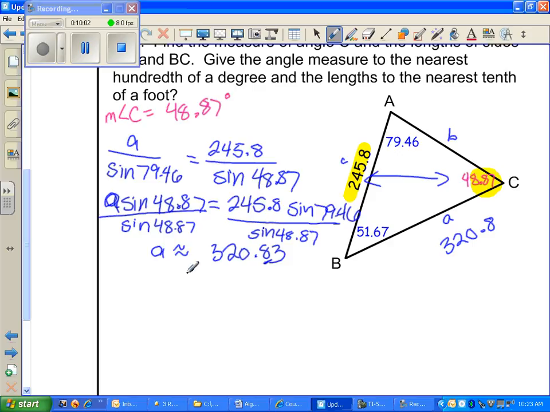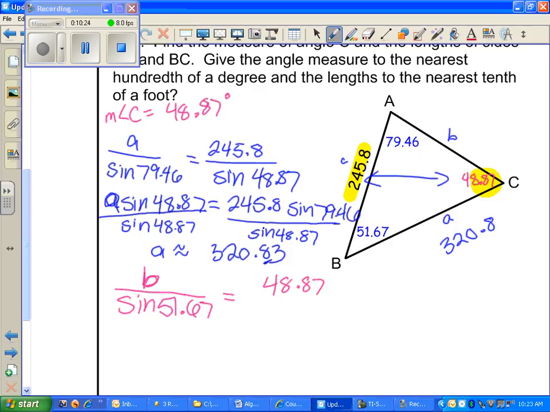Okay, and then we need to find B. So to find B, we'll say B over sine of B. And after you practice this a few times, like after you do tonight's worksheet on this, you will be comfortable using the law of sines.